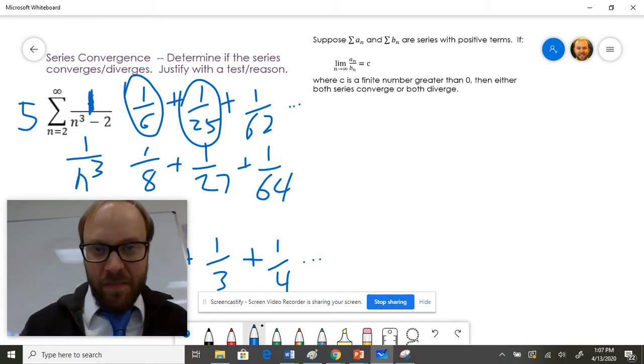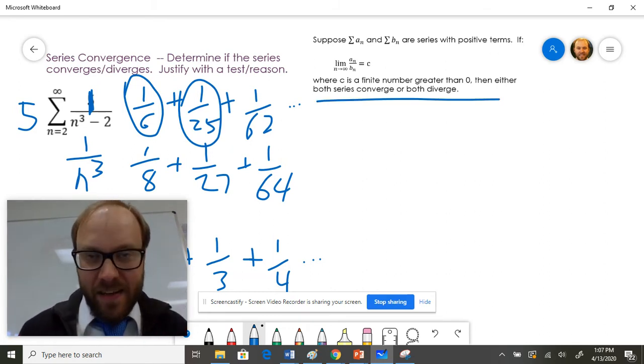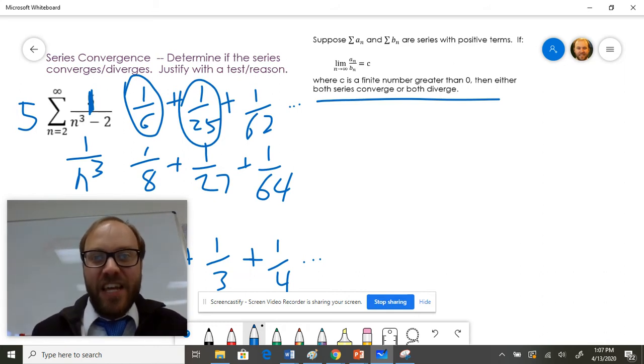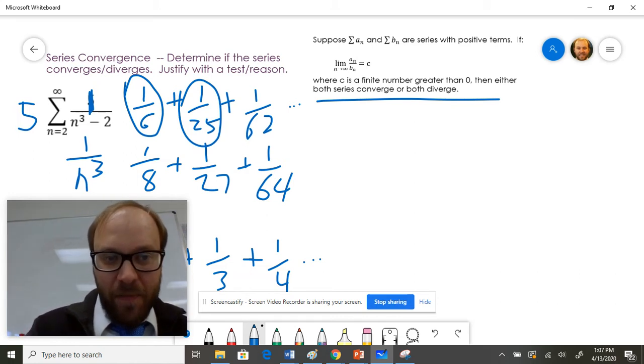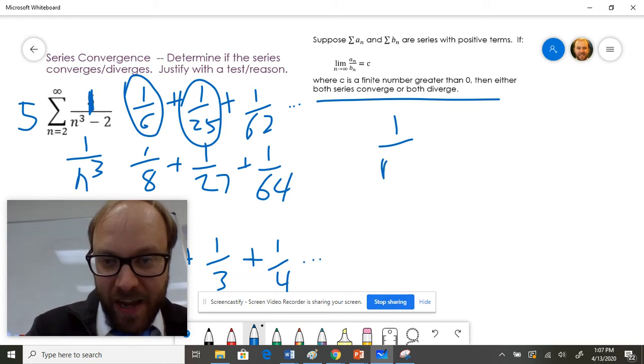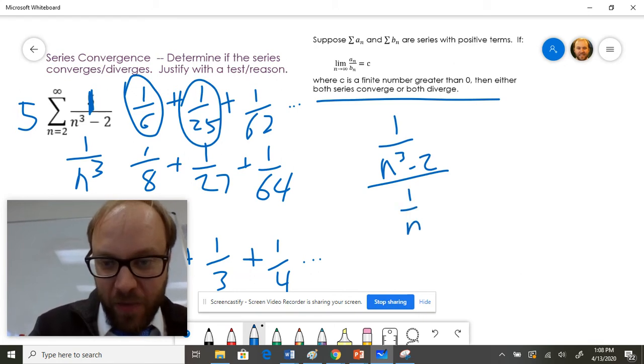So here's where the limit comparison test comes into play, and I have this over here. It says that if I have two series that I think do the same thing, I can compare the ratio of the two series, okay? And it doesn't really matter which you put on top and which you put on the bottom. So I could do 1 over n cubed minus 2, and I could divide that by 1 over n cubed, okay?